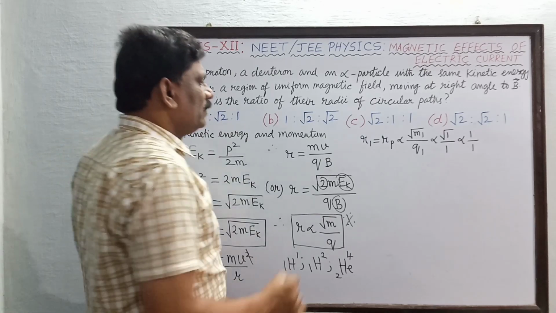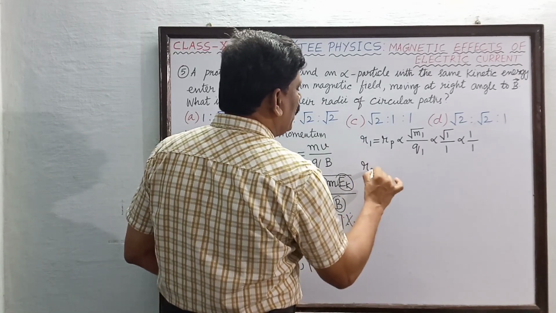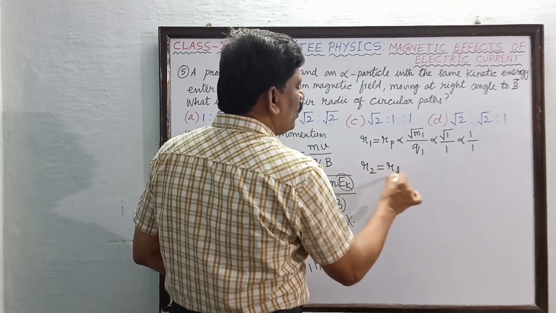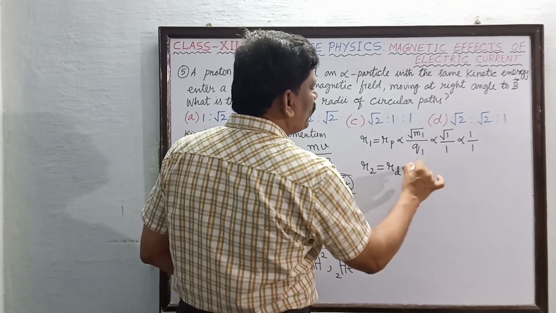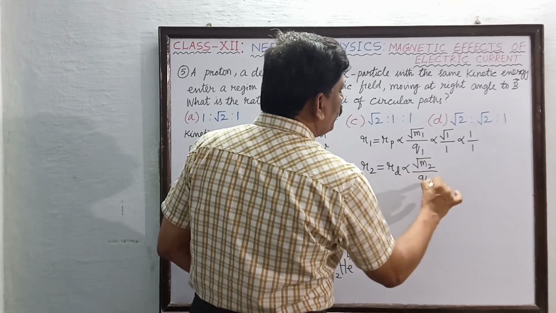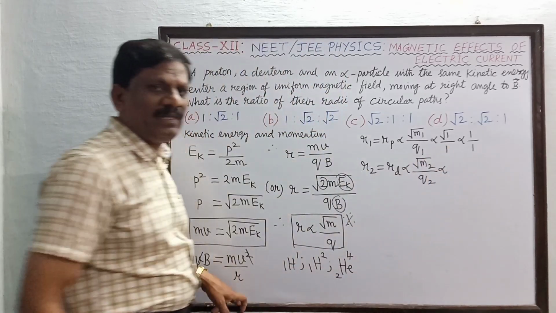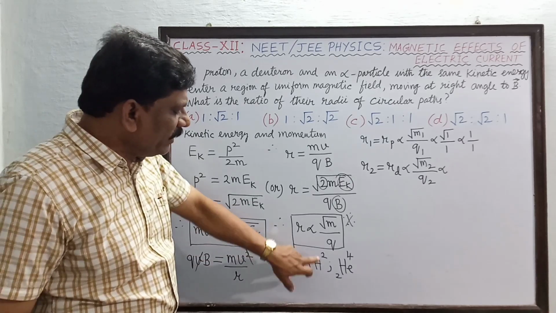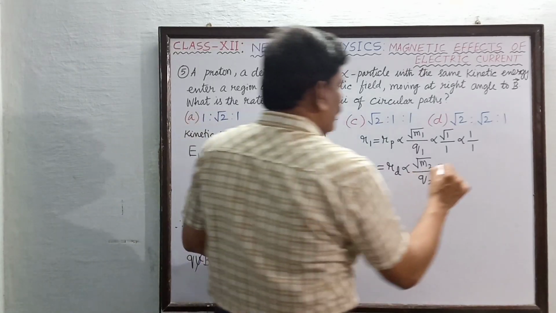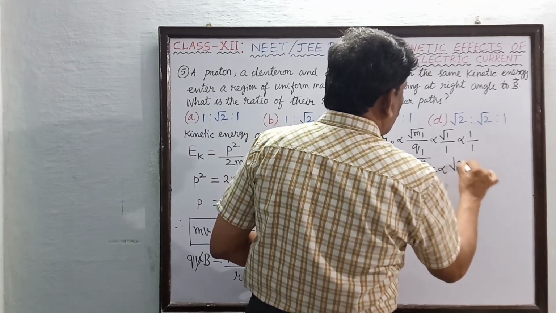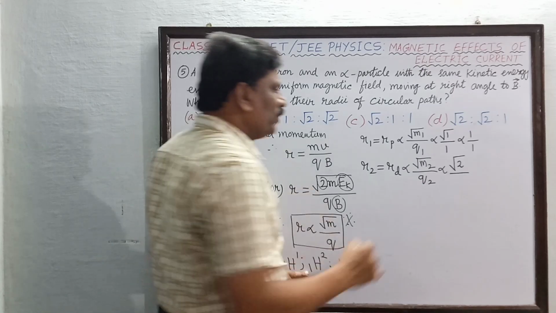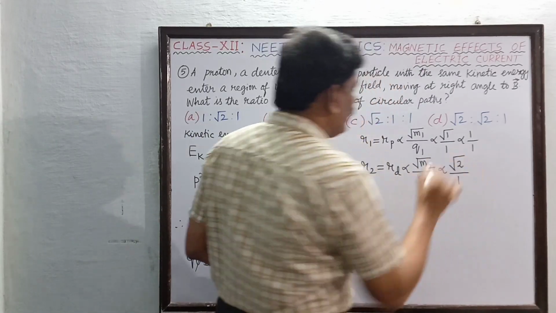Next, the radius of the circular path of the deuteron, RD, is proportional to square root of m2 divided by q2. m2 is 2 and q2 is 1 unit, so this is root 2 by 1.